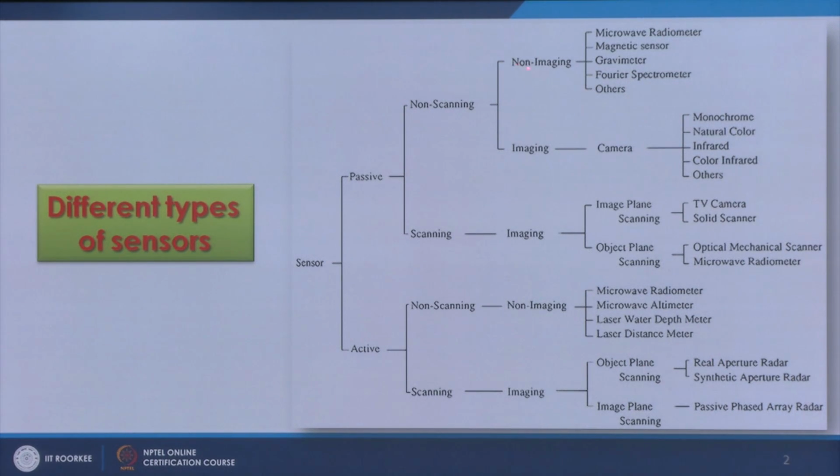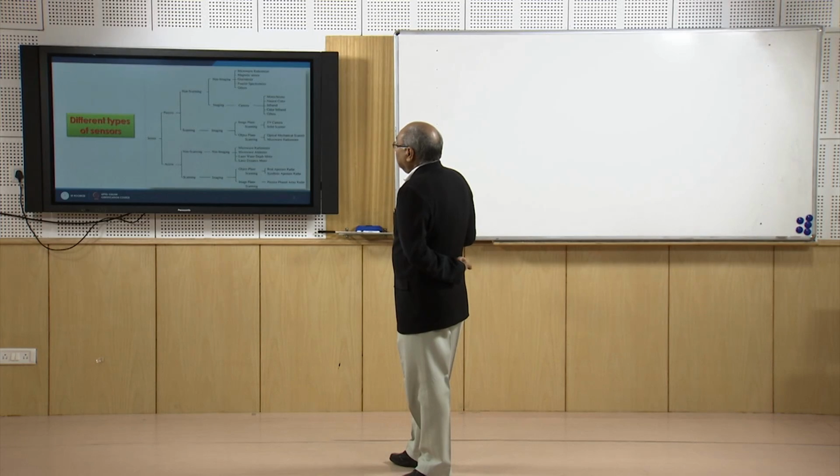So, especially if we take the sensors which are passive, like passive microwave radiometers, these are passive sensors, non-scanning, non-imaging. There are some satellites like GRACE and others which work for the gravity properties of the earth.